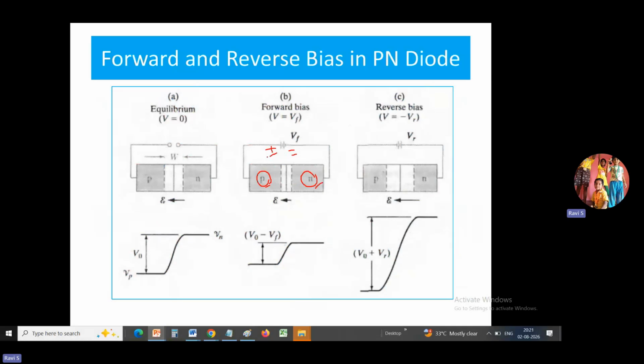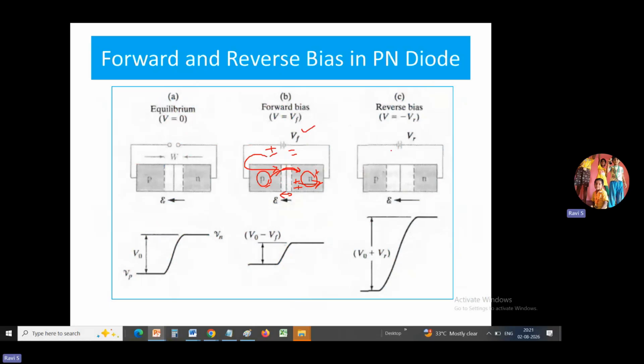Because of this, the charge carriers are forced to cross the junction, where the width of the depletion region is very, very small. Under this situation, majority charge carriers in the P region cross into the N region, where they become minority, because in the N region the majority carriers are electrons. Now holes are entering the device. Normally holes are less in number in N-type. So once they cross the junction, they start to diffuse through the material, contributing the diffusion current in forward bias.